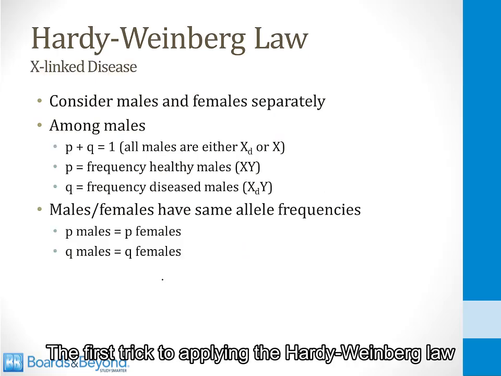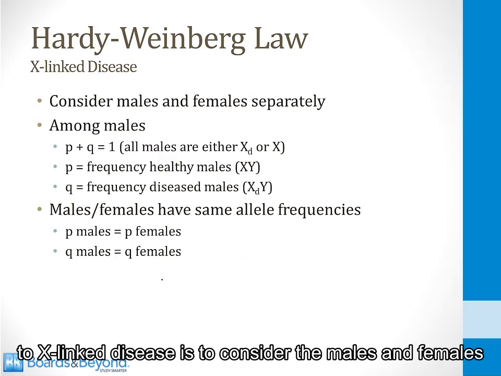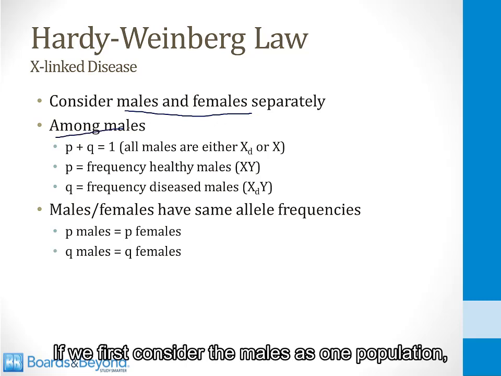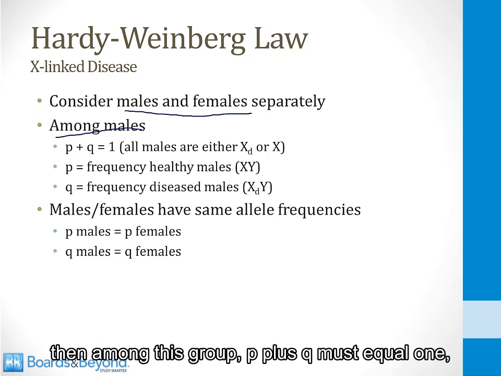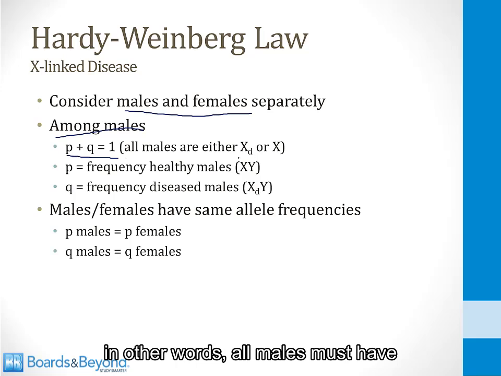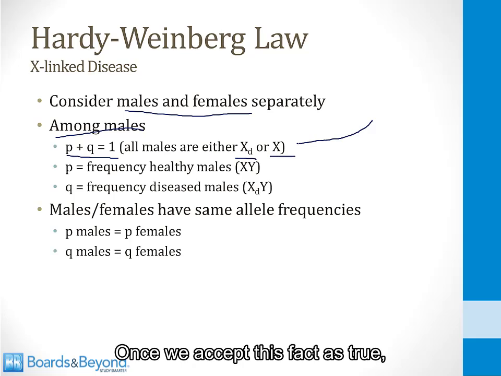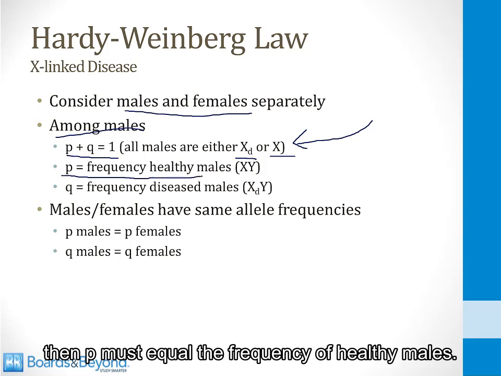The first trick to applying the Hardy-Weinberg law to X-linked disease is to consider the males and females as separate populations. If we first consider the males as one population, then among this group, P plus Q must equal 1. In other words, all males must have either the diseased X chromosome or the normal X chromosome. Once we accept this fact as true, then P must equal the frequency of healthy males.